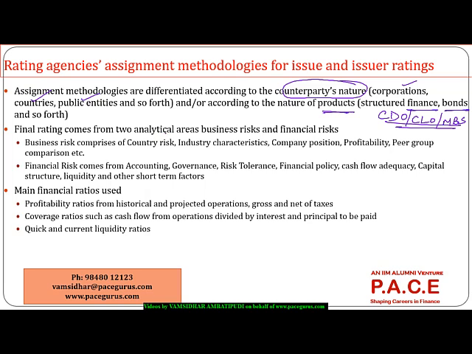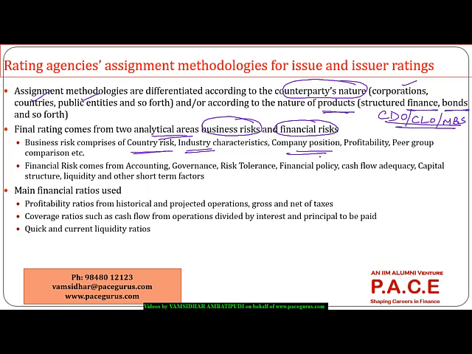Now, when they are giving the final ratings, they are giving them based on two major analytical areas. Understand the business risks, understand the financial risks. So when I'm talking about the business risks, all risks that are associated with the operations of the business, the country in which the business is being performed, the state, the jurisdiction, the industry in which the business is typically getting performed.